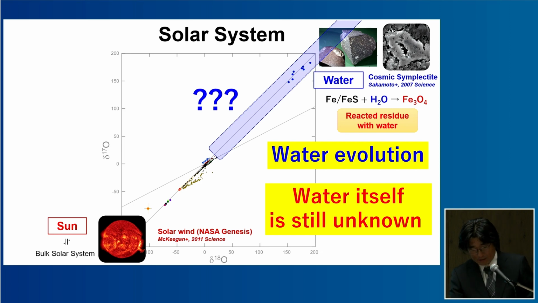So the water itself is still unknown. If we can measure extraterrestrial samples under cryogenic conditions, keeping the water as ice, we can know the water evolution in our system directly. This is my motivation for the cryogenic work.